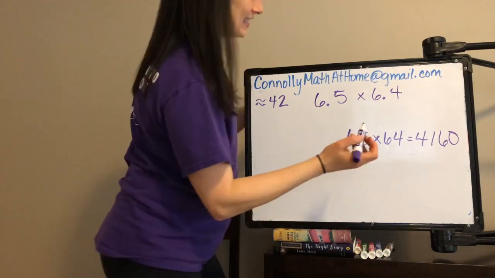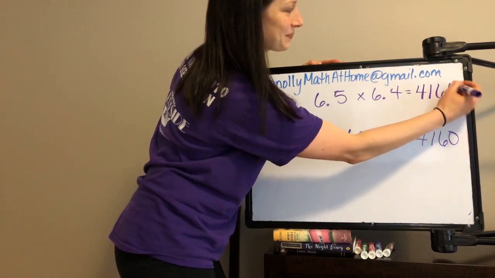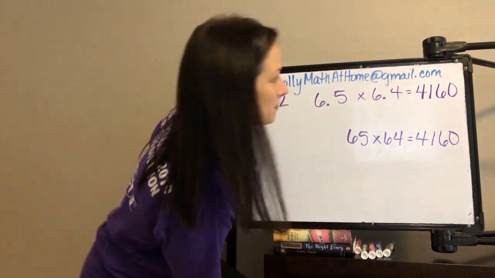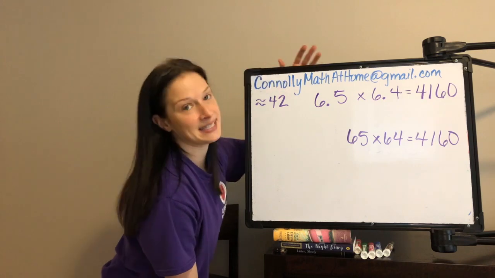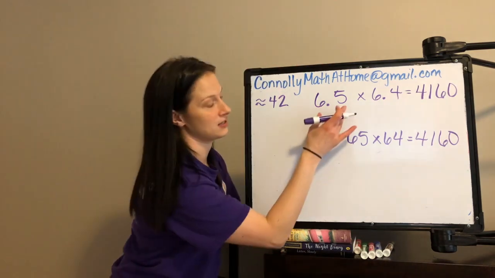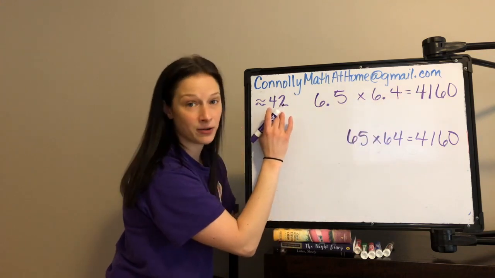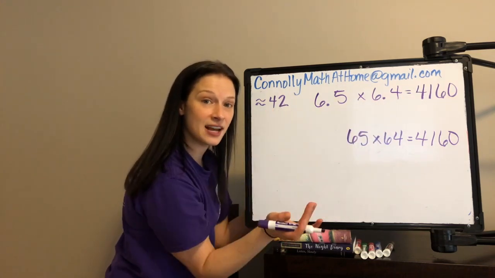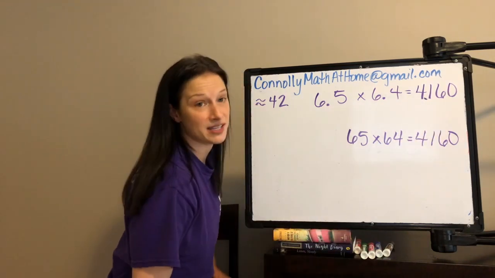Okay, so let's think about if I had 4,160, I would have to think about where that decimal goes, and I can use my estimate to help me. What makes sense when we're thinking about 6 and 5/10 groups of 6 and 4/10? Well, I rounded and thought about whole numbers, and that's going to help me decide where the decimal goes. So here does not make sense.